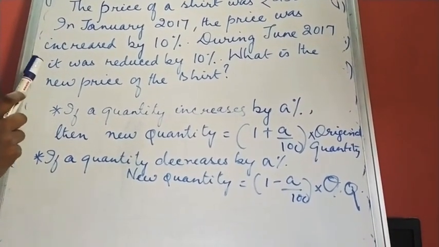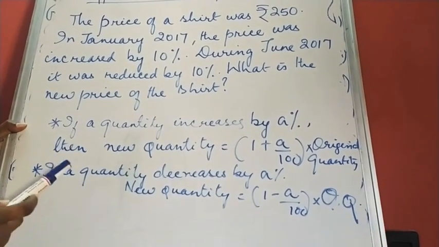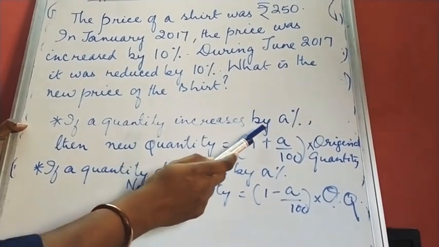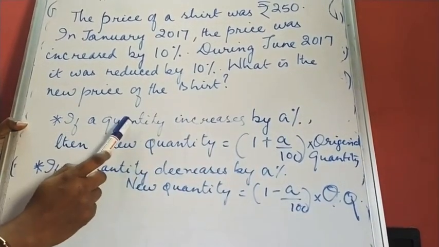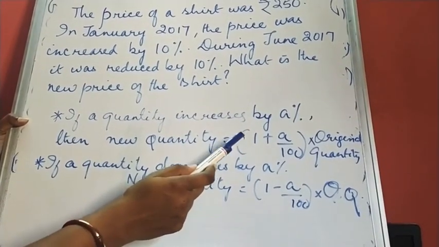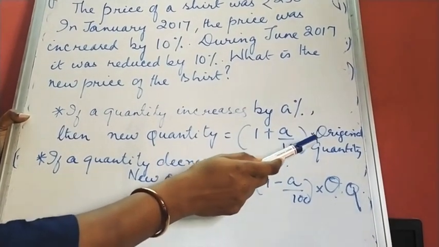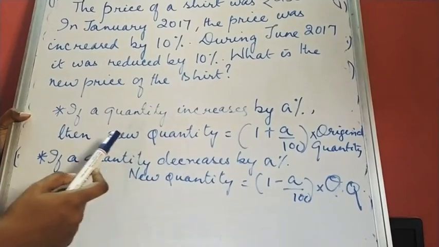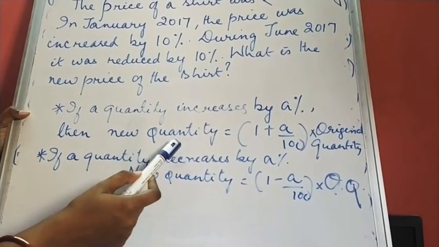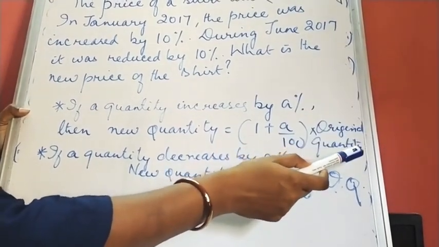Before going into the solution of this question, I would like to once again revise the formula that we have implemented in this question. If a quantity increases by A%, then the new quantity will be equal to 1 plus A by 100 into the original quantity.